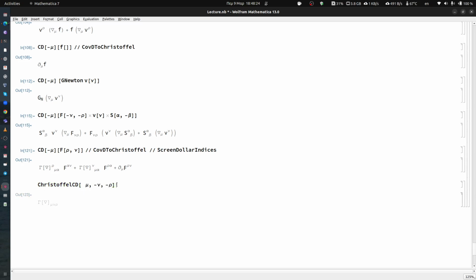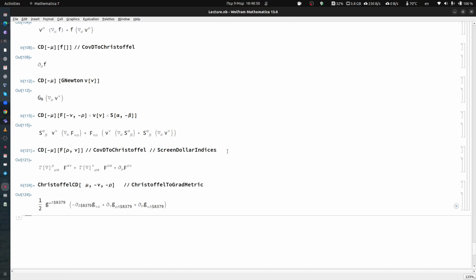Now, for the particular connection, which is compatible with the metric and torsion free, we have an expression of the Christoffel symbols in terms of the metric. In order to obtain this expression, we have to apply the function Christoffel to grad metric.